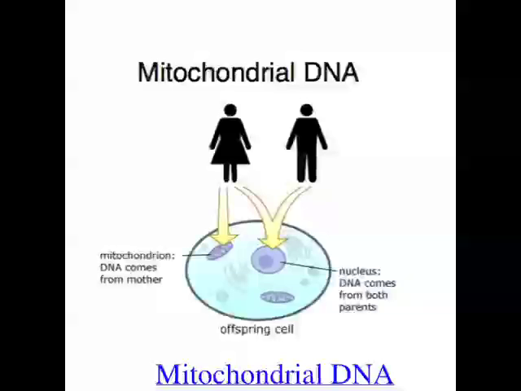Again, it basically passes through unchanged from the mother to all of her offspring. And mitochondrial DNA encodes some pretty important genes, so it does mutate very slowly, although there are two non-coding regions of mitochondrial DNA that do mutate slightly faster. They're called hypervariable regions of mitochondrial DNA.